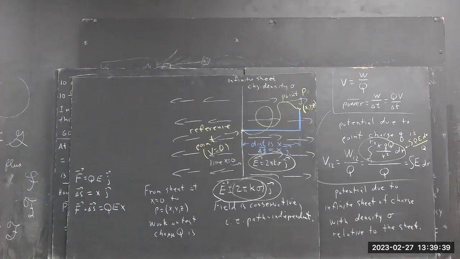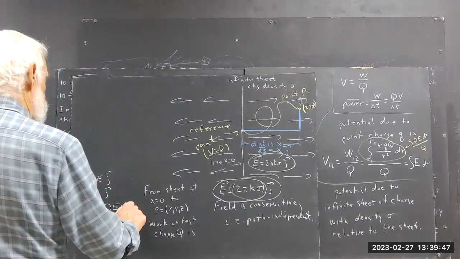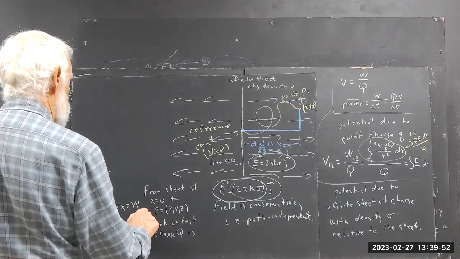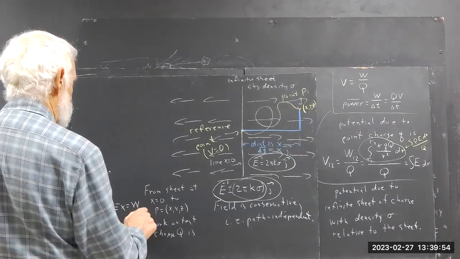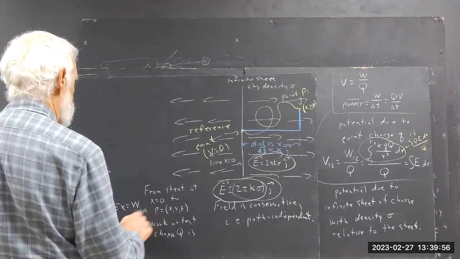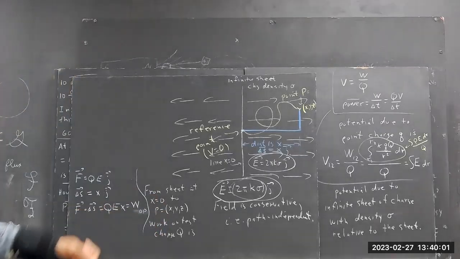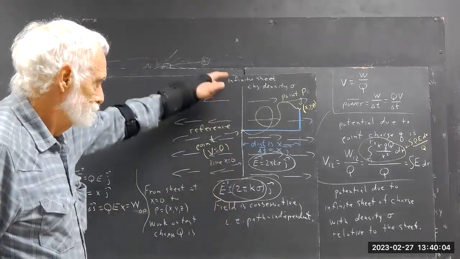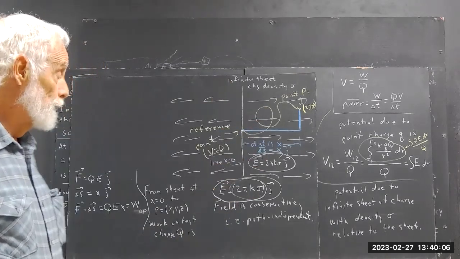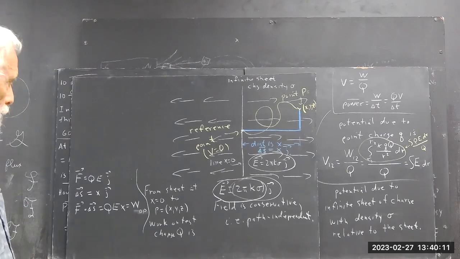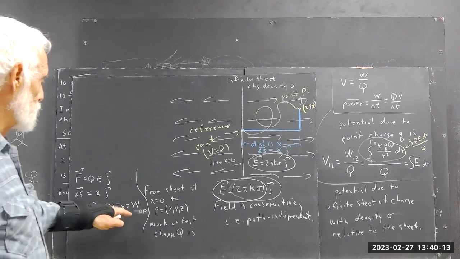Well, the work is QE times x. That's the work from the reference point out to here. But I haven't really finished. Why do I say it's the work from here to P?